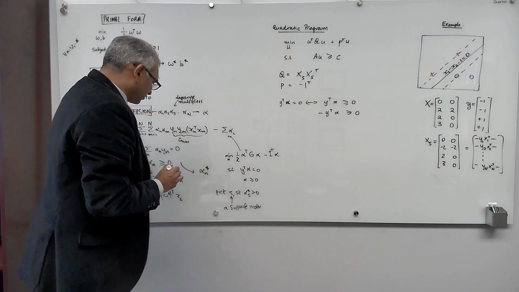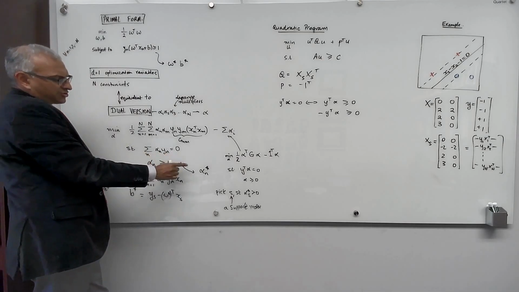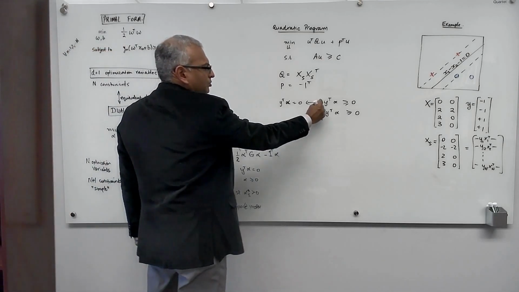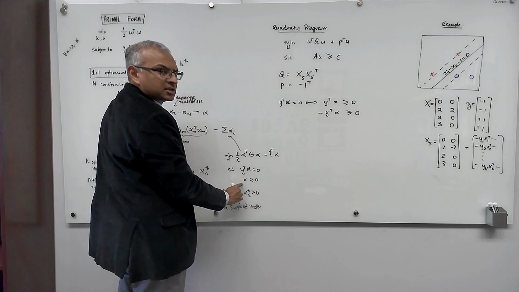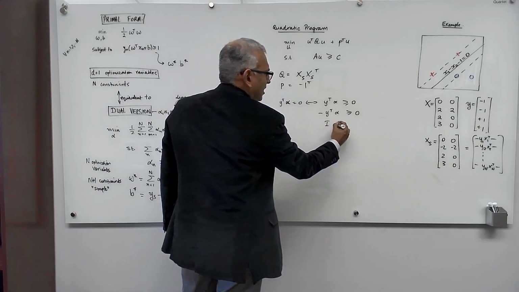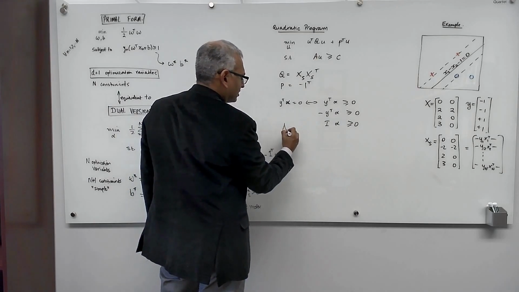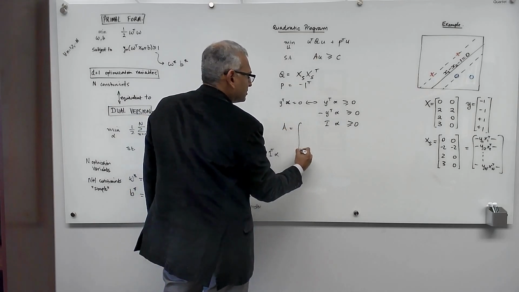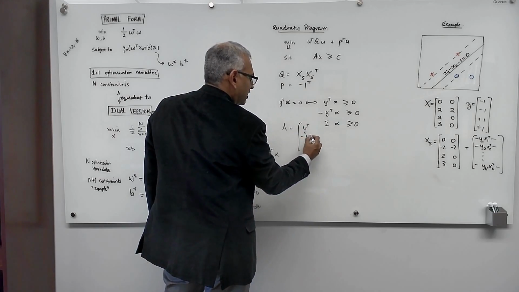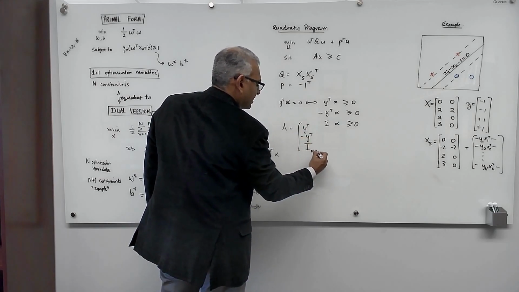So an equality constraint becomes two inequality constraints, and then alpha greater or equal to 0 is the same as I alpha greater or equal to 0. So we can identify the matrix A as y transpose, minus y transpose, and the identity n by n.